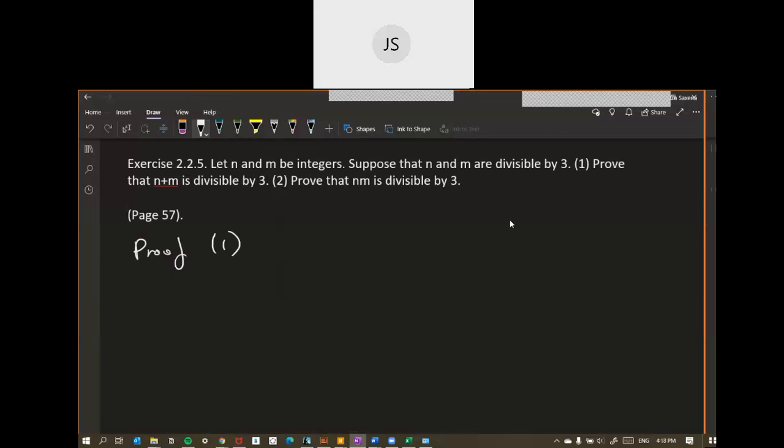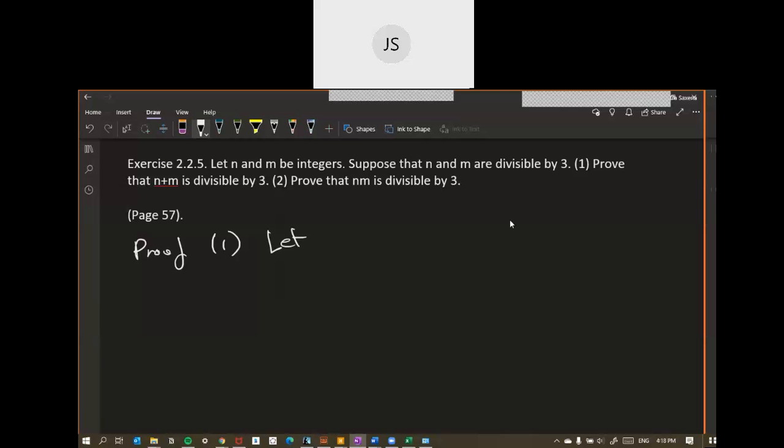We can suppose that there is some integer for n that when we divide it, we get, let's say, some a, that n equals 3a, and m equals 3b. Okay. We can do that. But again, especially since you're in 1-1-1, later in mathematics you don't have to write it, but first you have to write your assumptions.